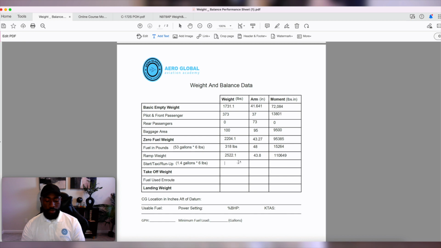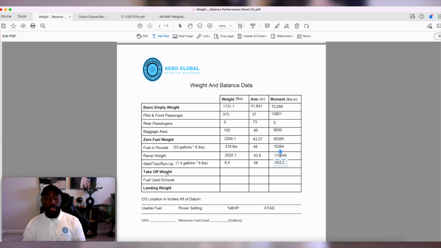That gives us about 8.4 pounds. And as usual, you already know at this point, anytime we're doing anything that has to do with fuel, the fuel station is fixed. So the arm is 48. And then the moment, basically just multiply 8.4 by 48 to get the moment. So it gives us 403.2.